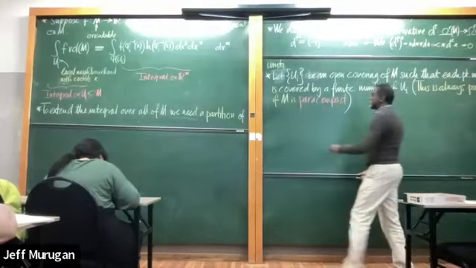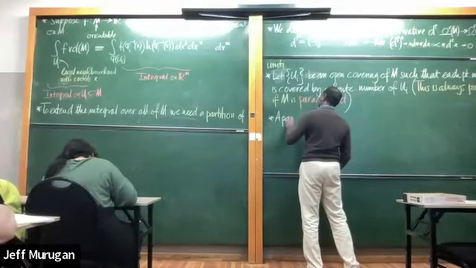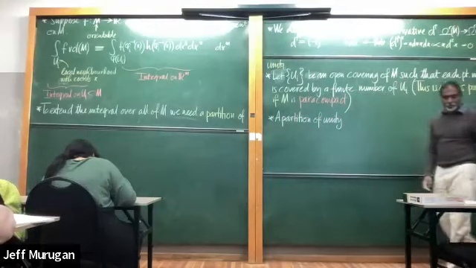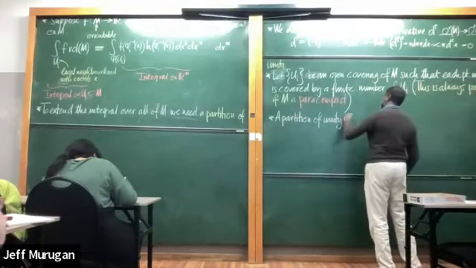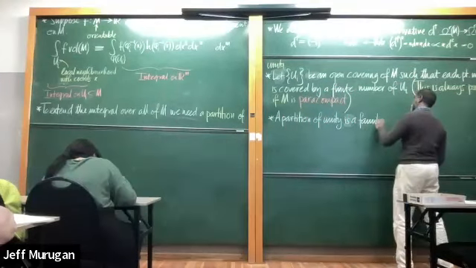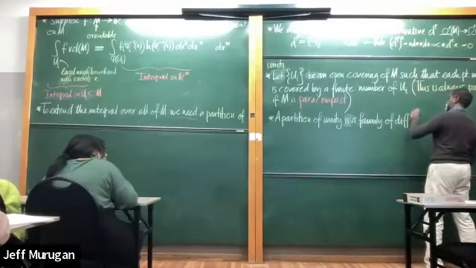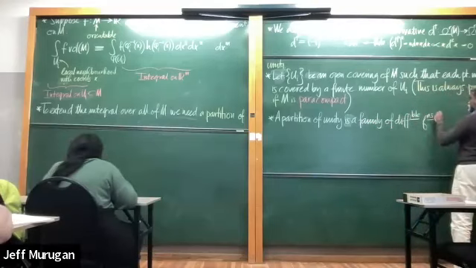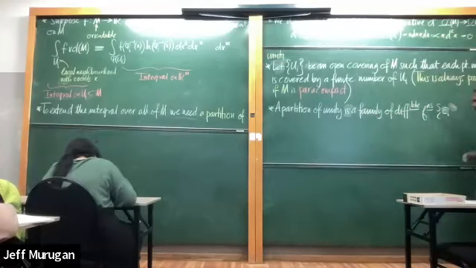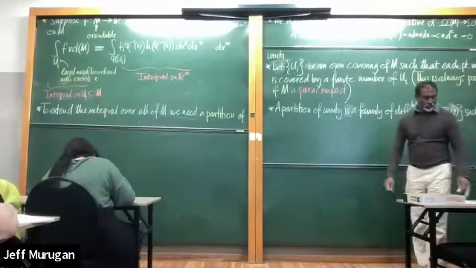Then a partition of unity is a family of differentiable functions epsilon_i that satisfy the following three conditions.